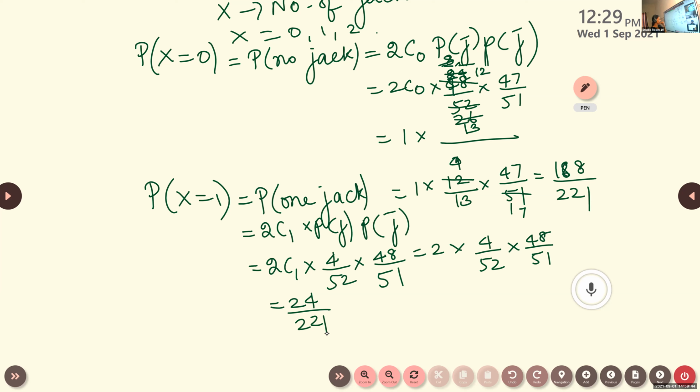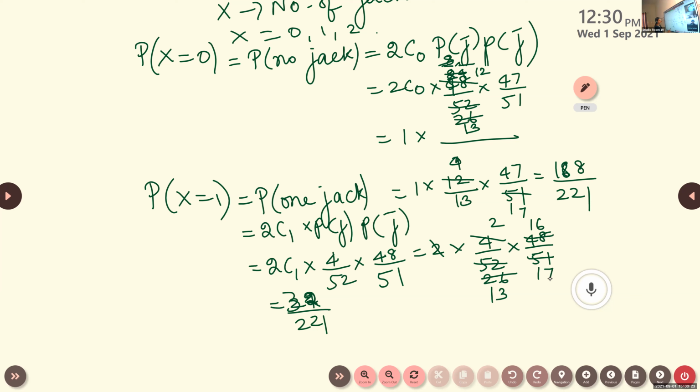What is your answer, Karthik? Ma'am, I got 32 by 221. 2, if you cancel, it is again 2. It is 13, isn't it? And 3, if you cancel this, 16, 17. So it is 32 by 221.